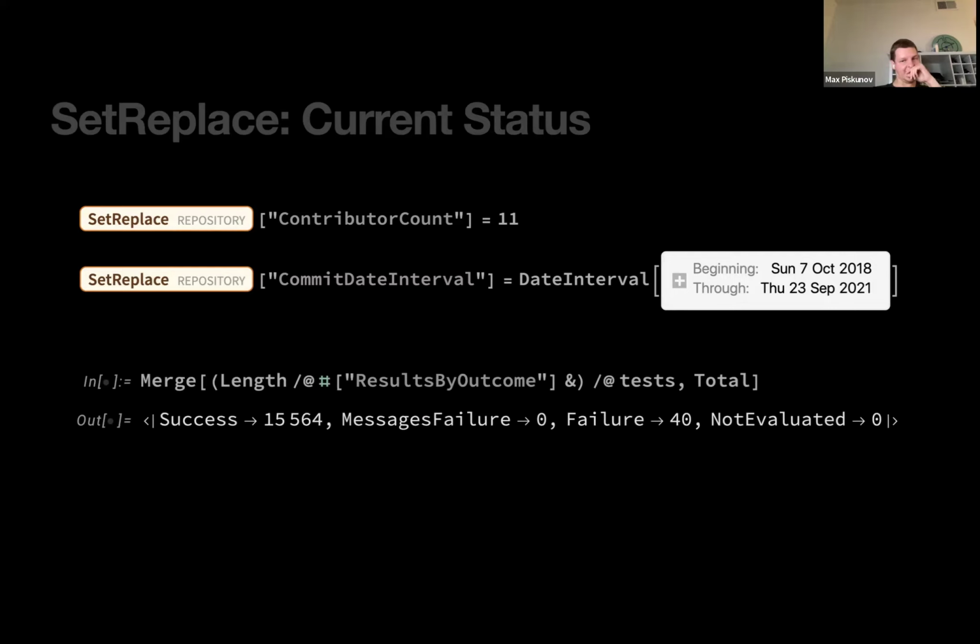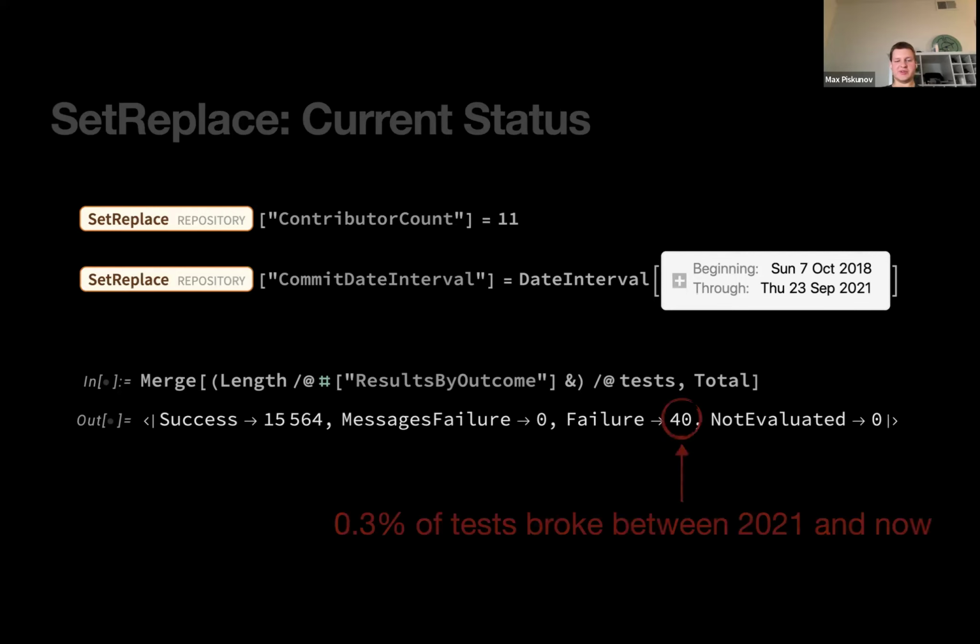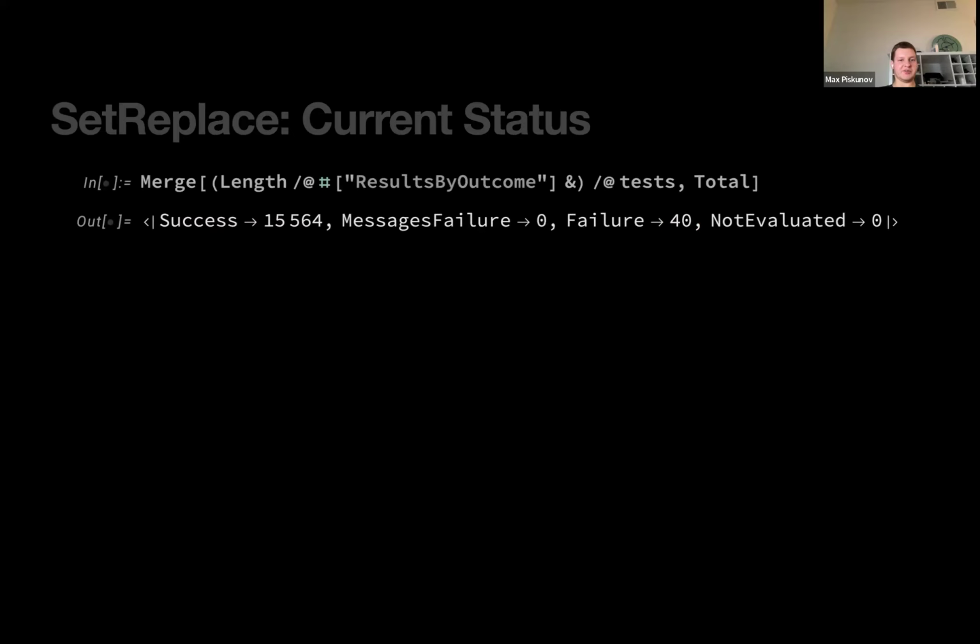And so if you run it on the latest Wolfram language, some things are not working. In particular, if you run all the tests, 40 tests fail, which is not good. But for full transparency, let me just explain everything that's not working.